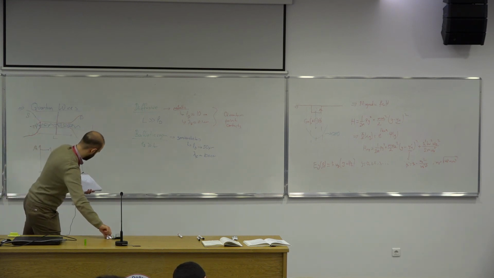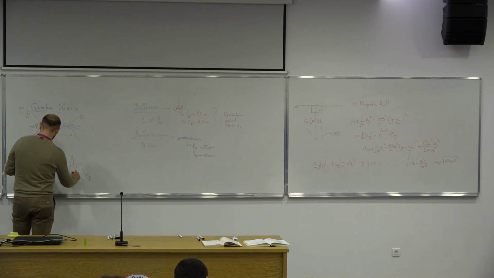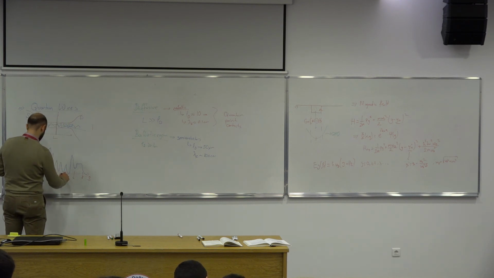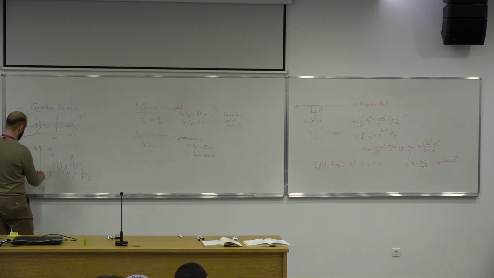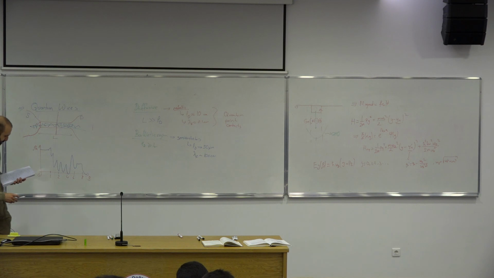And this happens, so this is like 8 Tesla, 6 Tesla, and then there's 4 Tesla, somewhere here 2 Tesla, and there's like 1 Tesla. Sorry about the scale, 0 Tesla.